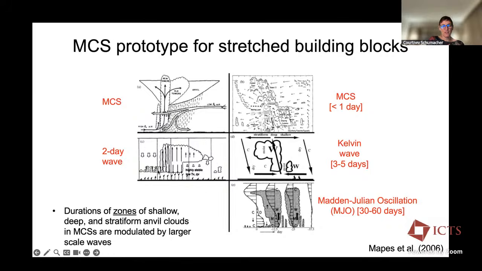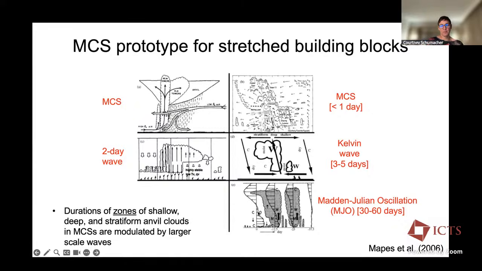You have a whole day of shallow, a whole day of deep, and then a whole day of stratiform. So you stretch out that MCS life cycle, or the relative proportions of those cloud types, over 2 days or even 3 to 5 days. You even see this for the Madden-Julian oscillation. This idea over weeks, where you have relatively more shallow clouds or relatively more mid-level clouds or relatively more deep or relatively more stratiform.